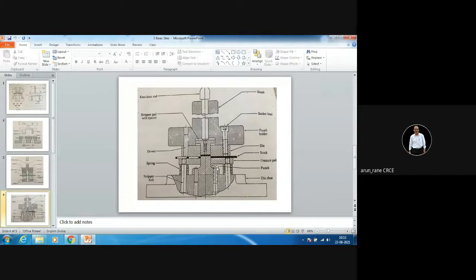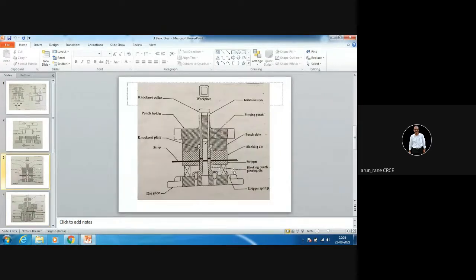Then you have to remember the function of the stripper. The function of the stripper is to hold the strip, because जब भी हम लोग ब्लैंकिंग करते हैं या पियर्सिंग करते हैं, तभी क्या होता है, when the piercing punch, after doing the piercing, goes up, तो वो स्ट्रिप को उठाते हैं. ओके, सो it takes the strip with it, so at that time there are chances that an accident may happen.